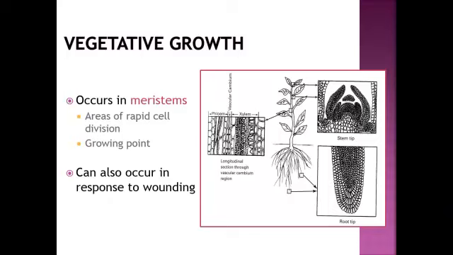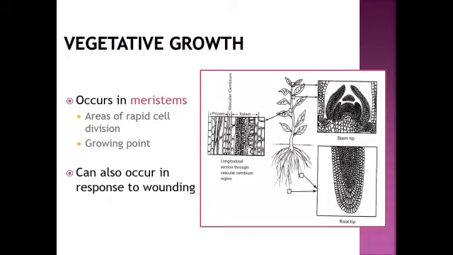One is at the tips of roots, in between the xylem and phloem, and in buds on the stem. All of those places are places where we can find meristems, right? And when we have these meristems that are actively growing and dividing, these can be places where we get the formation of new plant organs, such as roots on our stem cutting.